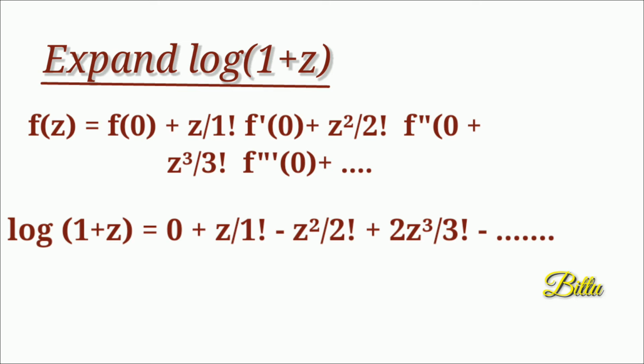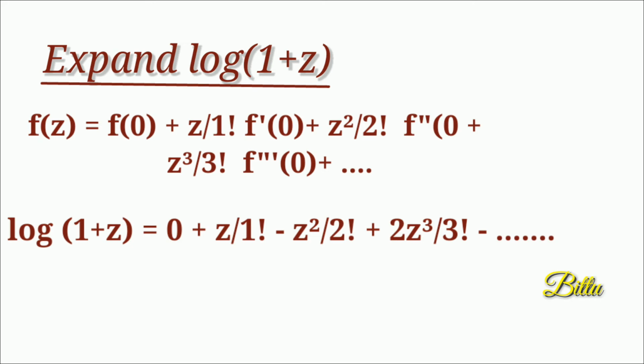If you find the fourth derivative of f z and f4 at 0, you can see f4 at 0 is minus 6. And if you put this in the Maclaurin series, you can see the next term is minus z raised to 4 by 4. After the cancellation of 6 by 4 factorial, there is no factorial in the denominator.